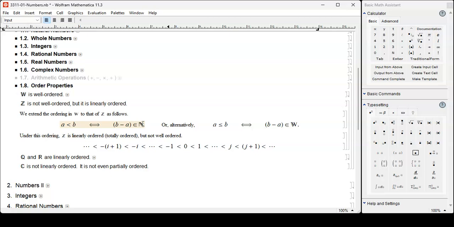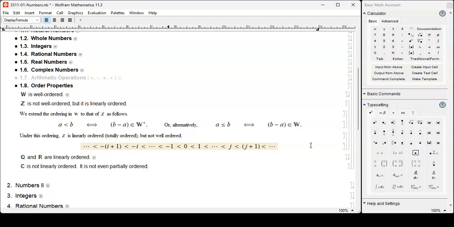So we can define the order property using positive whole numbers. Yeah, I could have used positive whole numbers instead of natural numbers. Under this, you have a linearly ordered set.